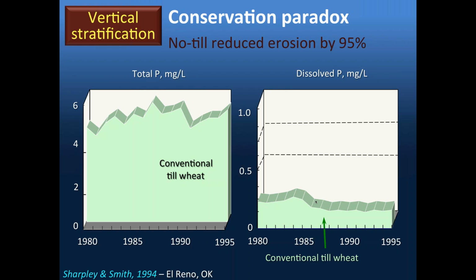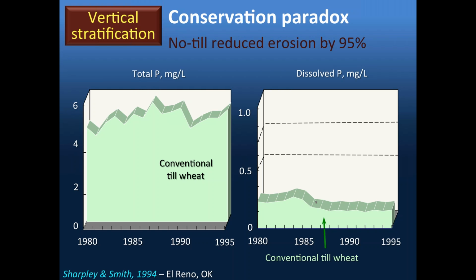Here, some data come from Andrew Sharpley when he was in Oklahoma, from some large experimental fields. There they monitored the runoff that came from these fields. The fields were in conventional wheat production with tillage. There was some moldboard, but there was also chisel plowing going on there.